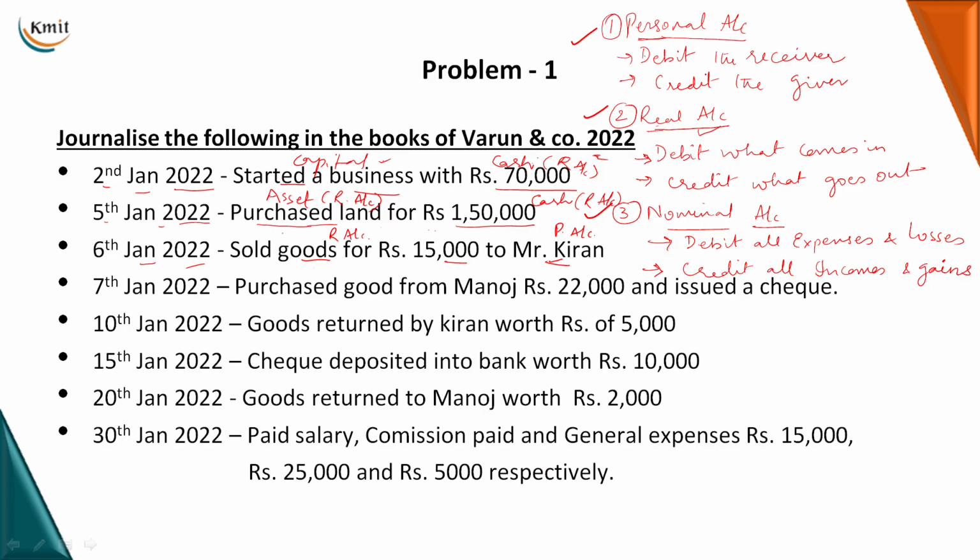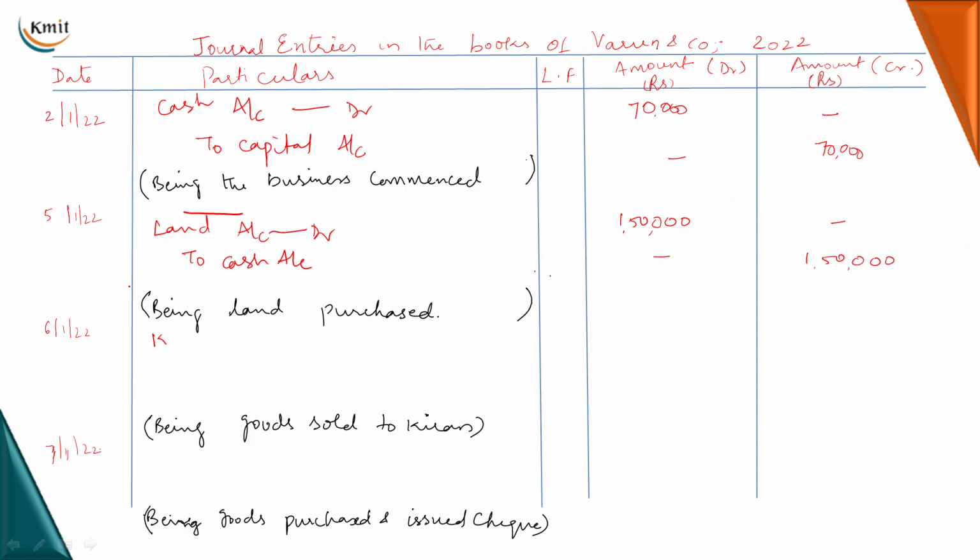So Kiran is the receiver, we'll debit his account. So the relevant entry is Kiran account debtor to sales account. Amount is 15,000.